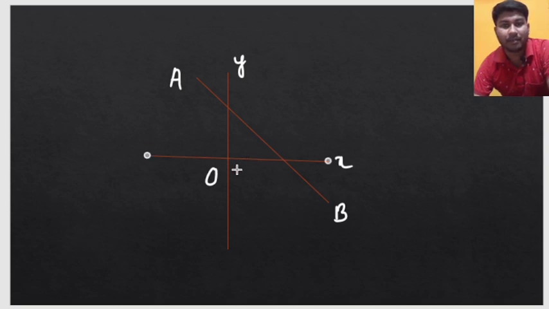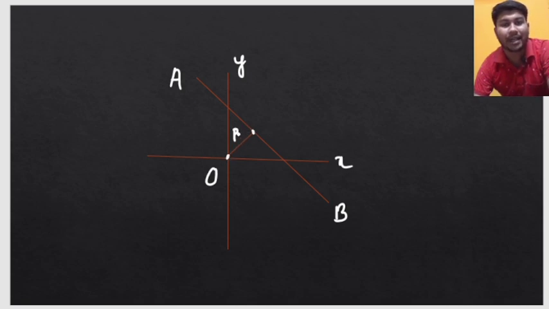Suppose I take one perpendicular to the line from the origin. This is a line from the origin to the given line, and this is a perpendicular. Suppose this perpendicular length is P.